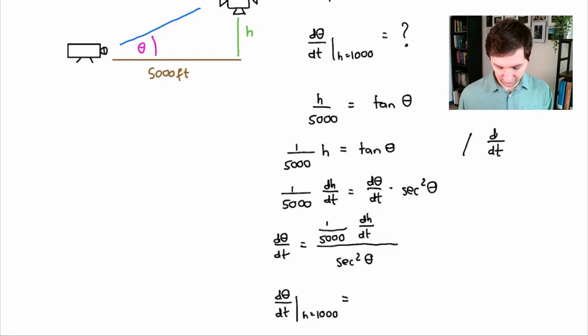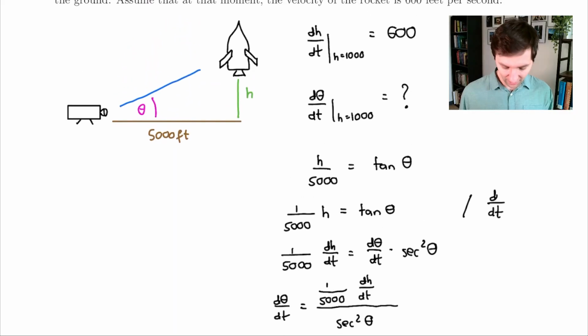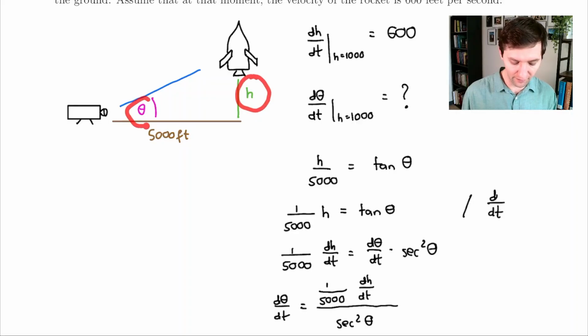What can I write instead of secant squared of theta? Theta was not given to me, which means I am not sure what secant of theta is, and I am not sure what secant squared of theta is. Thankfully, whenever h is 1000, I can compute what theta is, which means I can compute what secant is, which means I can compute what secant squared is.